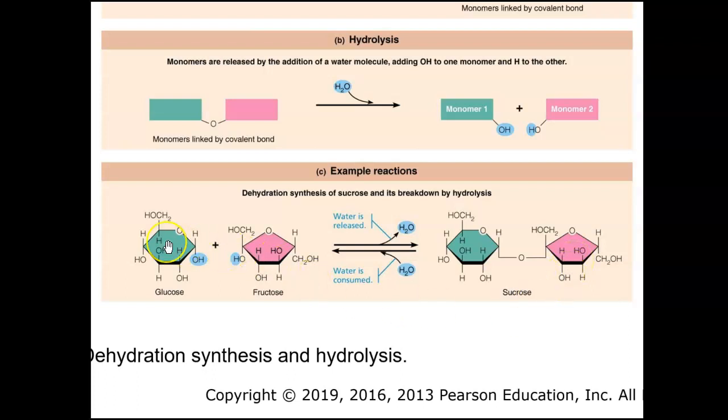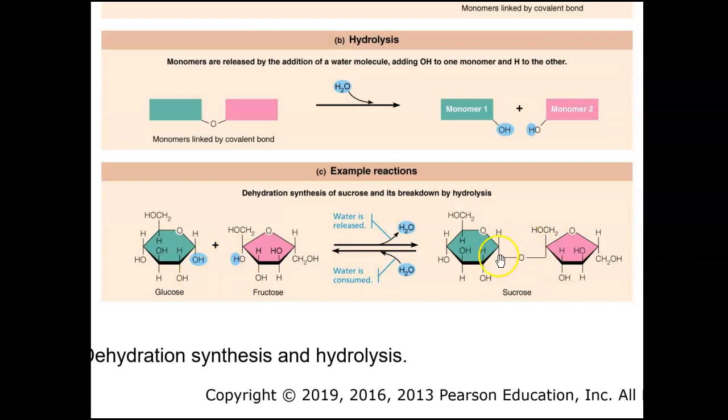Dehydration synthesis combines glucose and fructose to form sucrose, and then hydrolysis will take the water and add a hydrogen and an OH and break apart the sucrose into fructose and glucose by adding the water back to the place where they're joined, where they form a covalent bond.